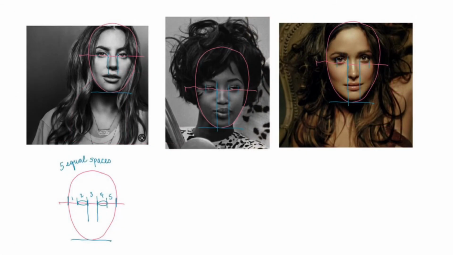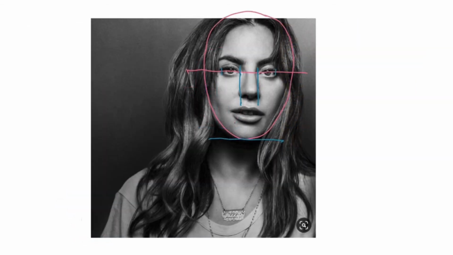You can see on the bottom left side I have a template that I've done with the 5 equal spaces, and then I've applied exactly the same template to each person, and you can see that they pretty much fit the same sort of formula where there's equal space beside the eyes, and in between the eyes, and the nostrils line up with the inside of the eye.